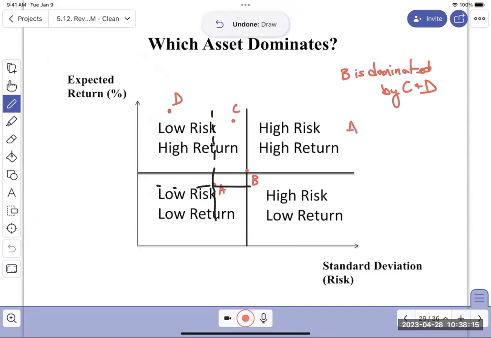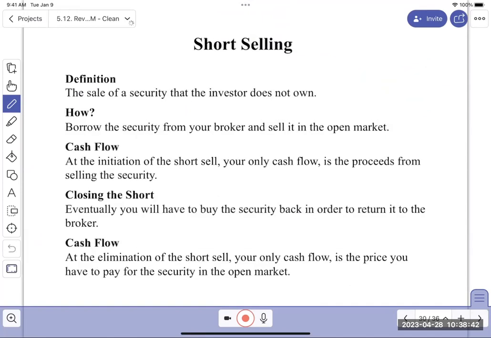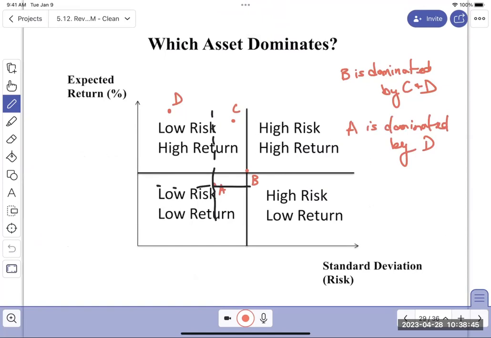A is dominated by B. By D. Okay, any questions? What else? C is dominated by D. And that's it. I guess C is dominated by D.